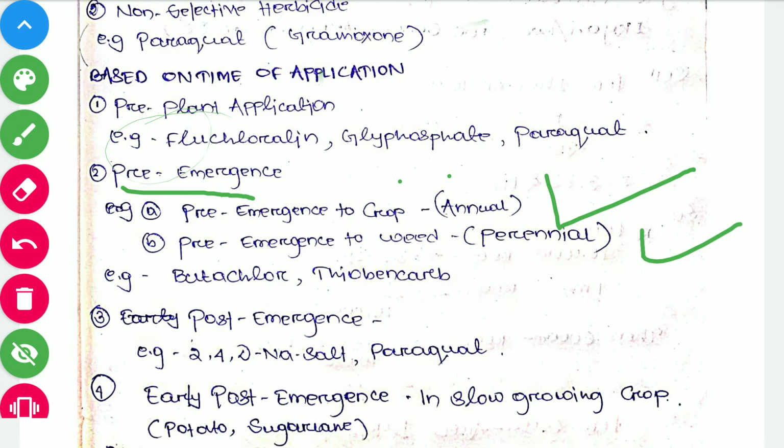Such a situation is called pre-emergence to weed. One is pre-emergence to crop, meaning after sowing but before emergence of the crop in case of annual crop, and another is before the emergence of the weeds in case of perennial plant. We can take the example of butachlor and thiobencarb.